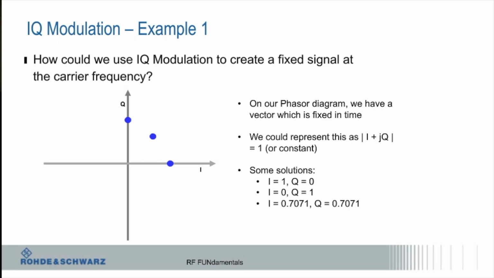If you looked at that, it wouldn't move or rotate. These are different things you could have if you had an I but no Q, or a Q but no I, or an equal I and Q component.